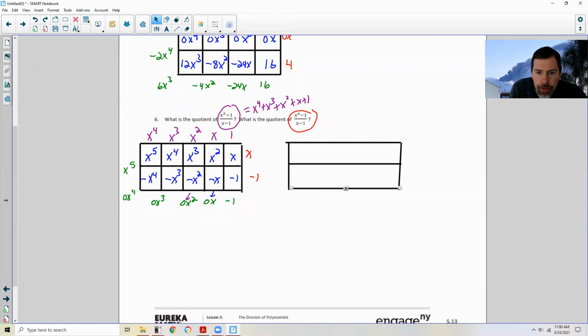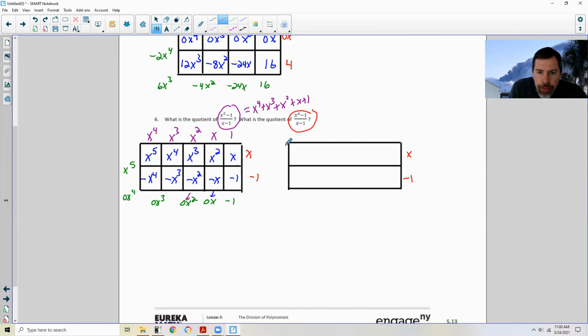Okay, let me just fix this a little bit. I'll put x and -1 here for the denominator, x minus 1.